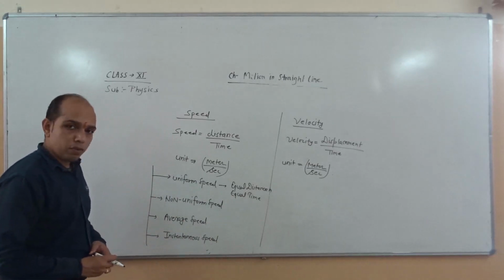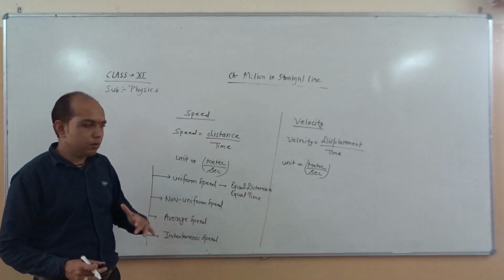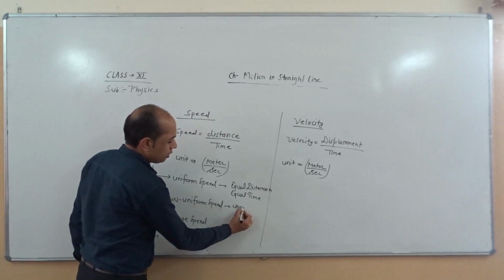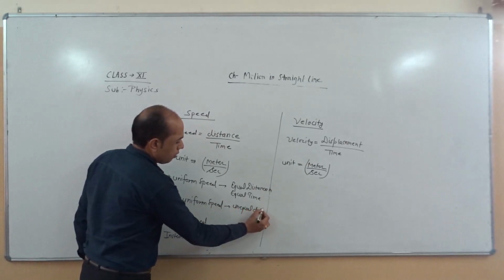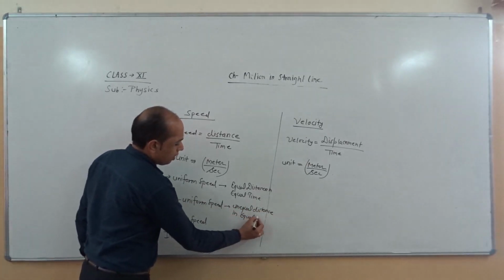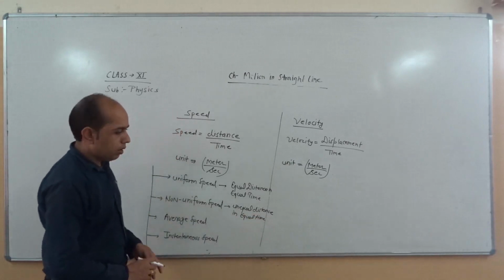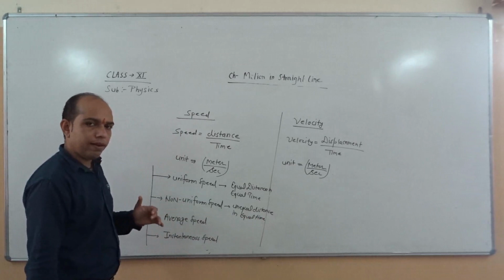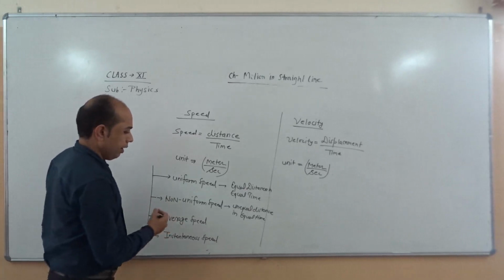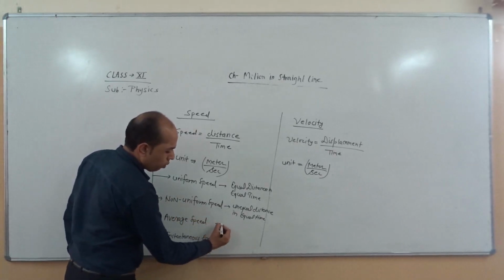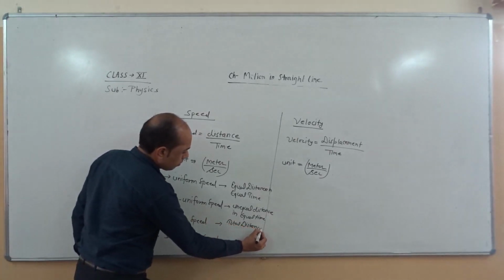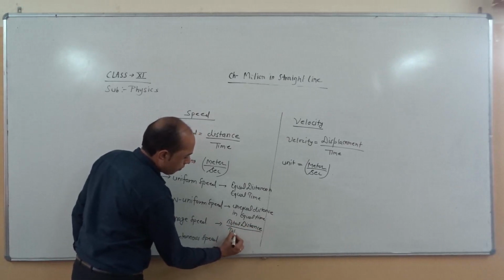Similarly, we talk about non-uniform. That means there is no uniformity during the motion. So here the object travels unequal distance in equal time interval. That means time moves accordingly, but there is some fluctuation in the distance part. And average means total distance divided by total time.